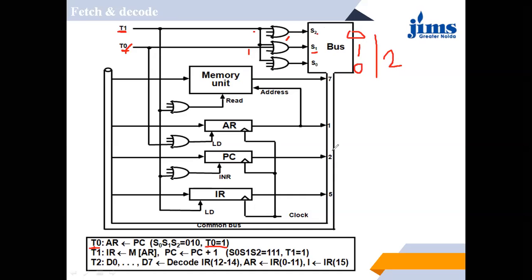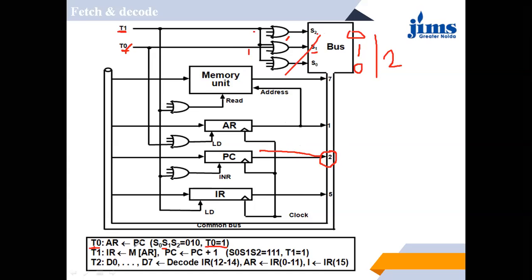This is the program counter that is connected at time T0. So T0 equals 1. S1 is active only, and you can see from here that S0 and S2 are 0.